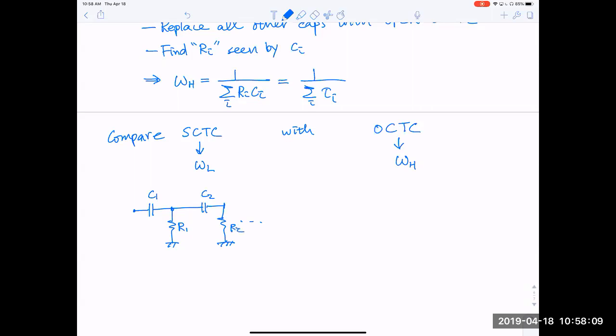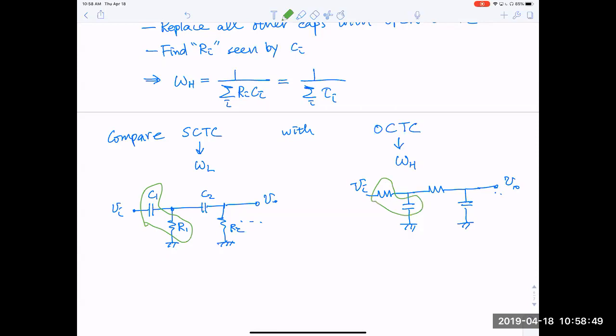And to look at high cutoff frequency, you're looking at a bunch of low pass filters, where the capacitance and resistance switch place, okay? So you say, I want to look at the effect one at a time. Where's the VO? VO is here. This is VI. You want to look at one RC at a time.